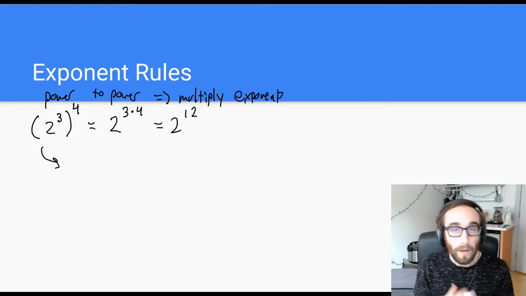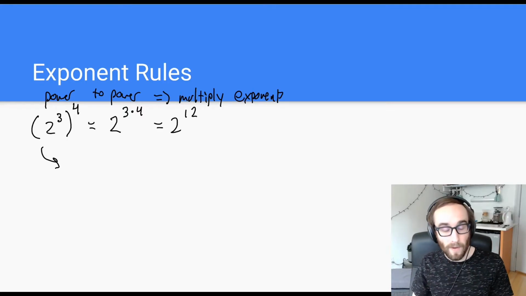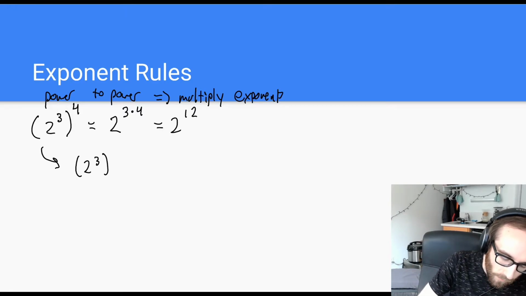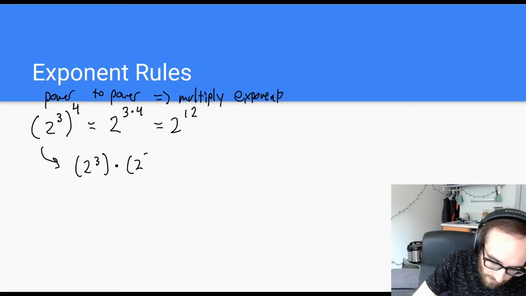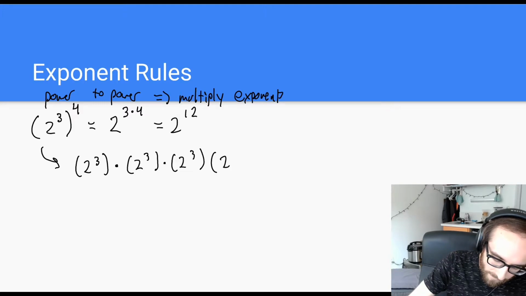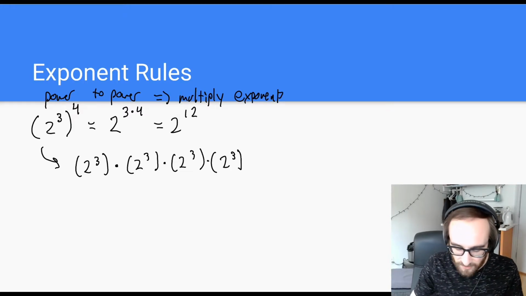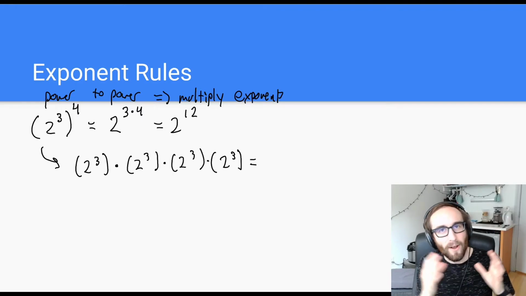And we can see this, again, a little bit more clearly if we write this in expanded form. What I'm going to do first is take our 2 to the thirds and write them in expanded form. So looking at this to the fourth power, we have 4 2 to the thirds that we're multiplying. I chose a little bit bigger numbers, so it'll take a little bit longer to write these out. Then I'm going to write out all of the 2 to the thirds.